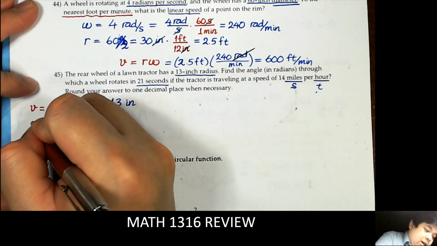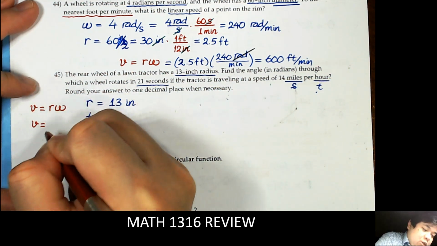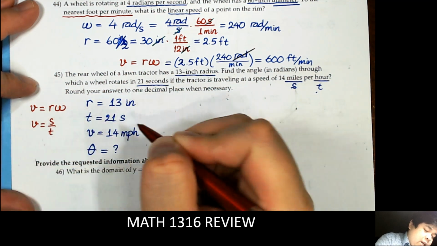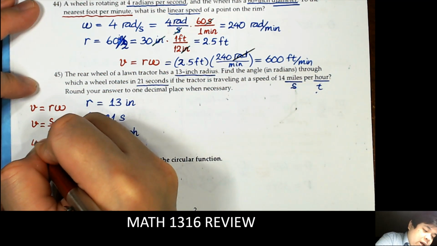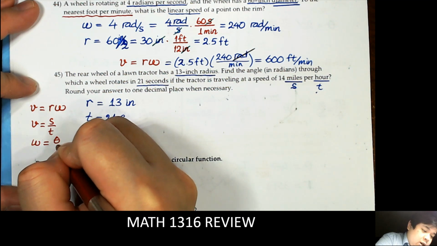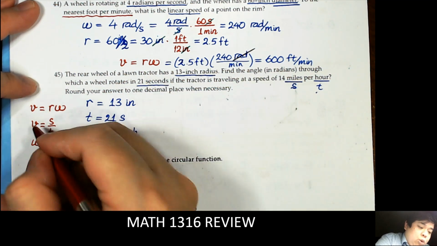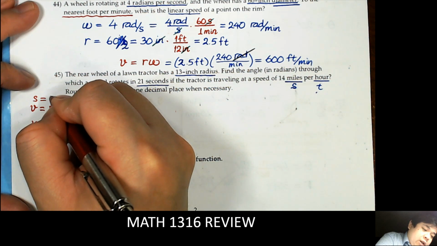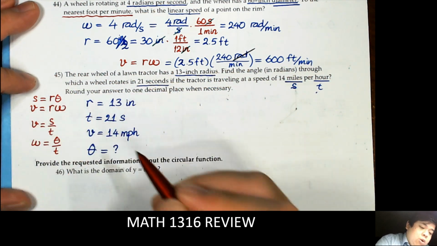The linear speed by itself is the arc length over time. And then omega equals theta over time. And if we want the arc length, s is equal to r times theta. So all of those we can use.